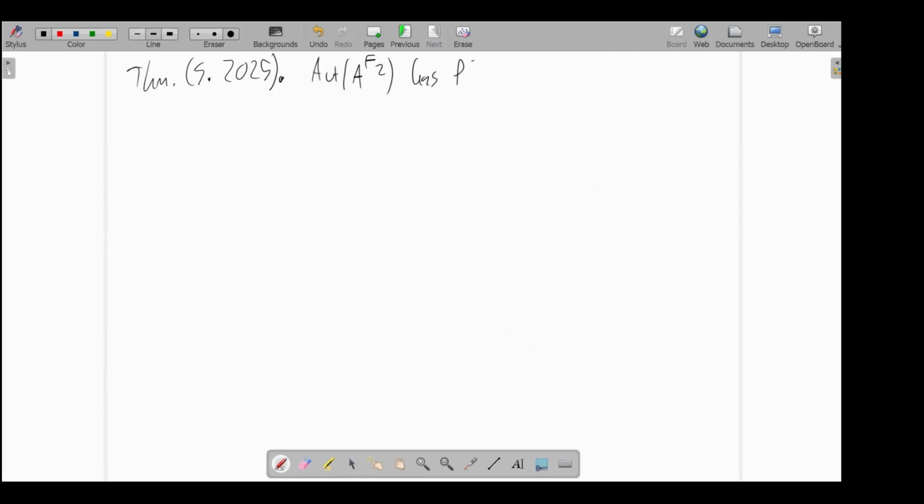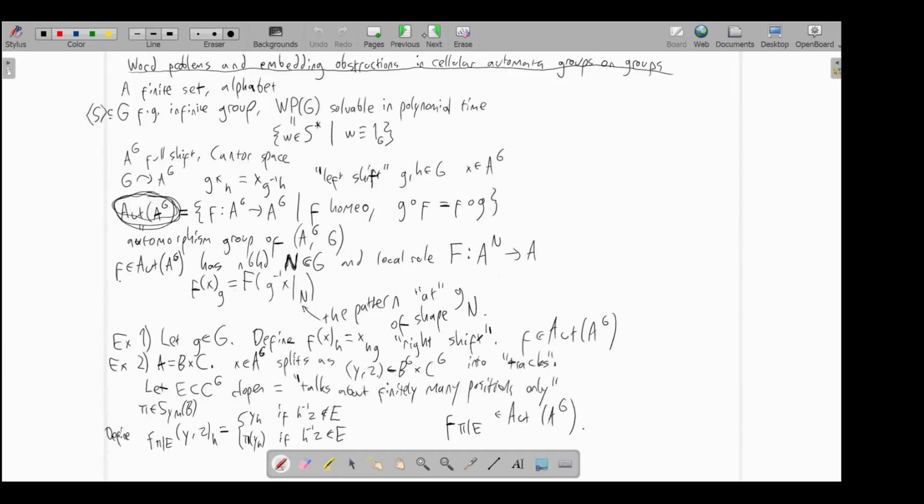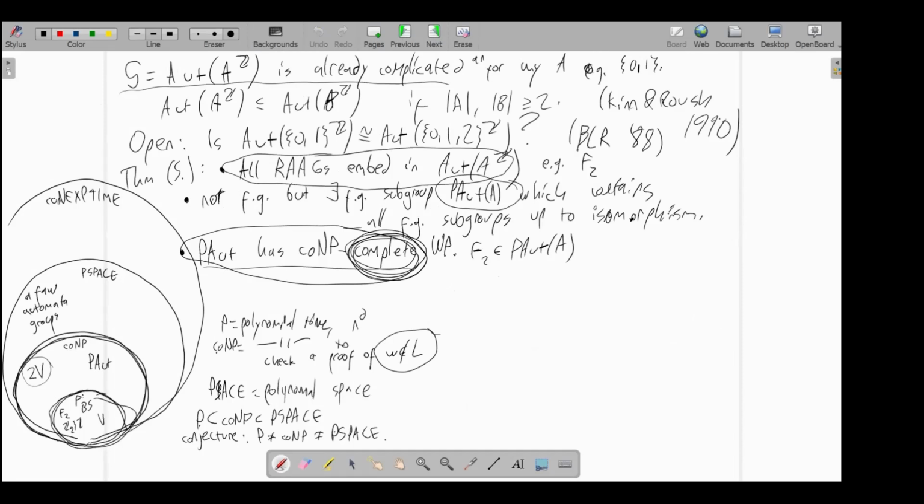It has PSPACE-hard word problem. So let me remind you what the picture was. Here we have the automorphism group of A^F2. The automorphism group of A^Z would be here also, just like Pout. So now you see that this is harder than this.